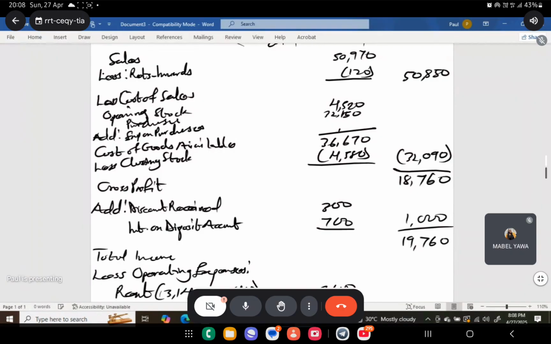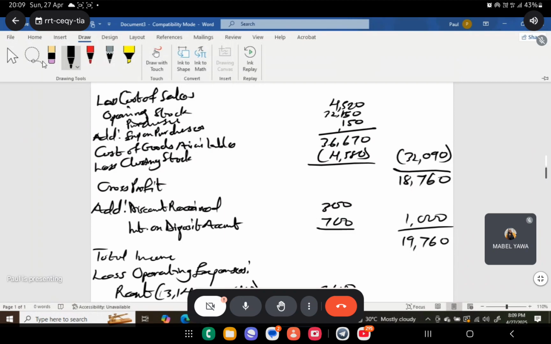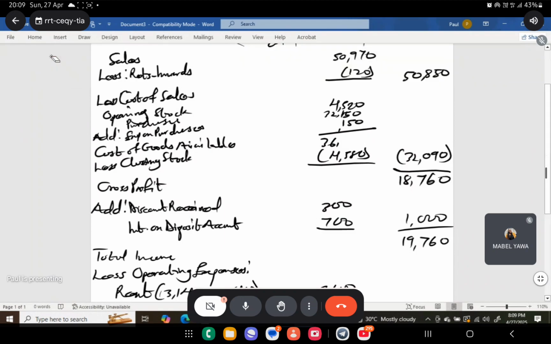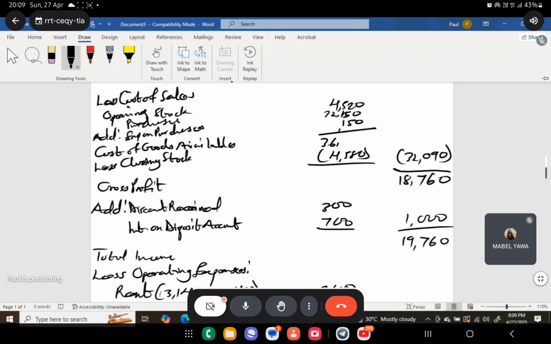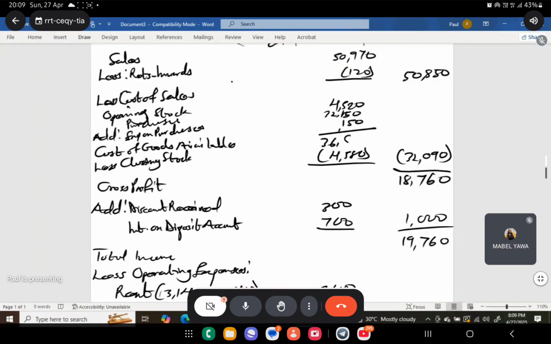That one was 1,670. So when we add the two, I think this side will be increased by 1,670 plus 8, sorry, 820.